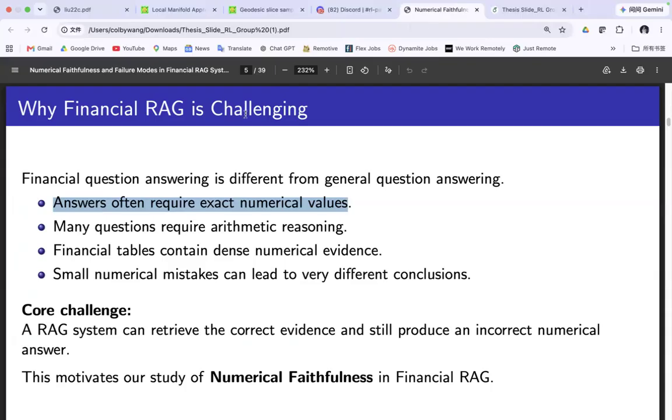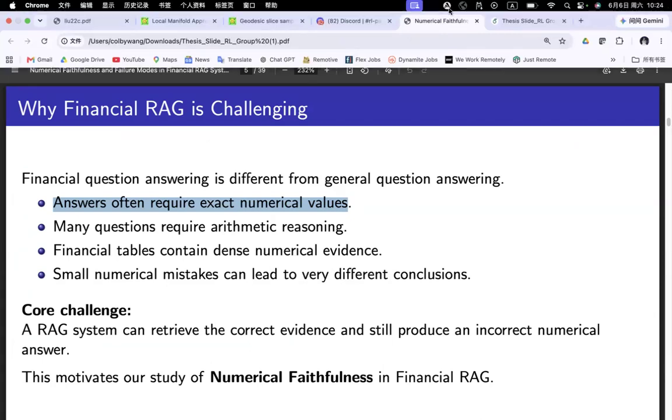Small numerical mistakes can lead to very different conclusions, because if we perform many calculations, the errors can accumulate and your answer may deviate a lot from the true answer. The core challenge is that a RAG system should be able to retrieve the correct evidence and produce the correct numerical answer, but sometimes it doesn't. This motivates our study of what we call numerical faithfulness in financial retrieval-augmented generation.